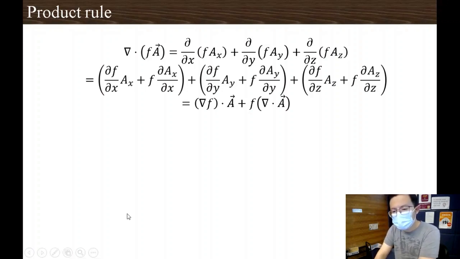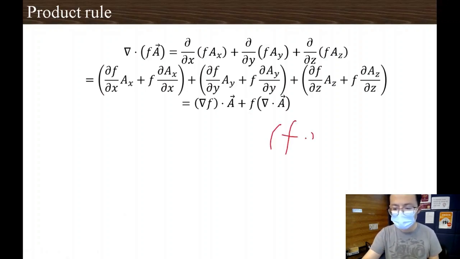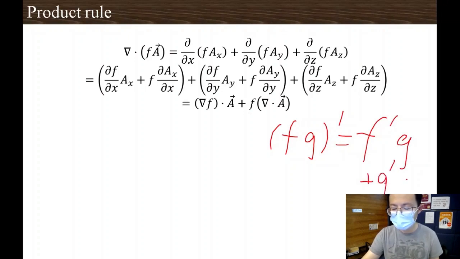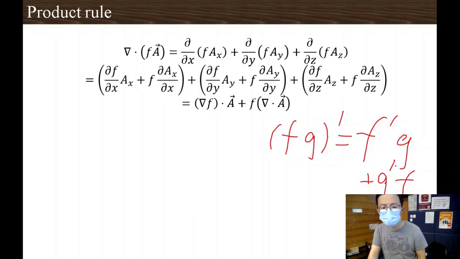So for a derivative, you need to consider the product rule. Say you apply a derivative to the product of two functions f and g, you have to use f times derivative of g plus g times derivative of f, right? So similarly, we have to do the same thing here.